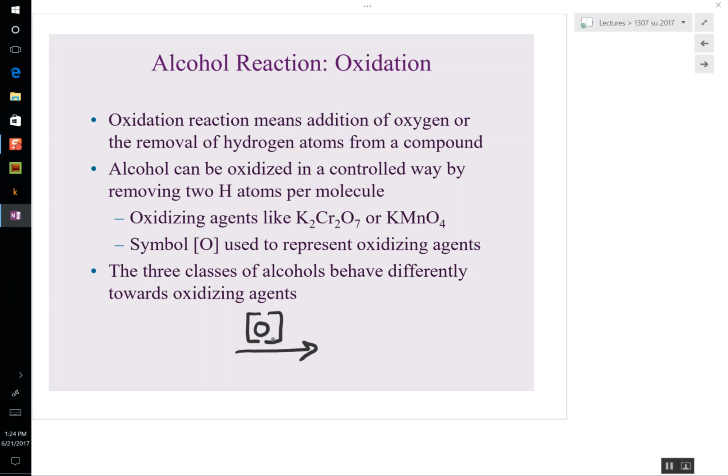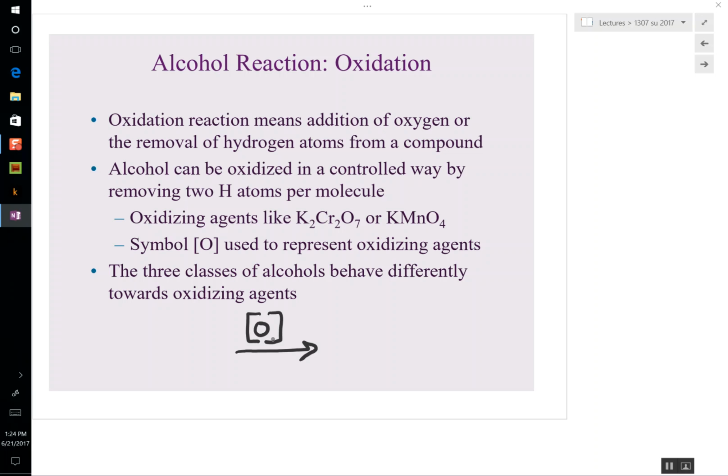Now, the way some of these problems can come at you is you've got this and you've got the product, and you have to write out what the reactant would be. Or you have the reactant and this, and you have to write out the product. Or you'll have a word sentence that says, write out the chemical reaction for the oxidation of 1-hexanol, for example. So you've got to put down 1-hexanol, draw an arrow, put the oxidizing agent, and then what would be the product.